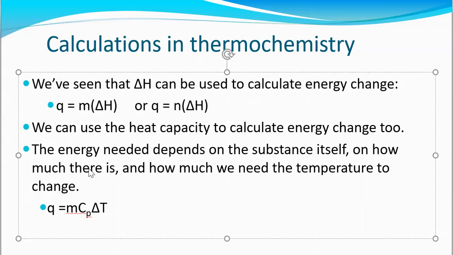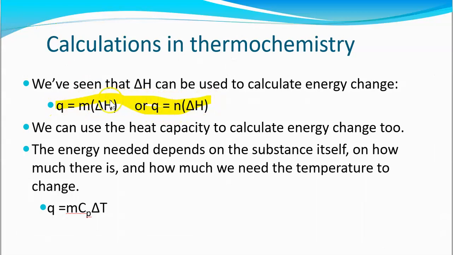And so these are really our two big equations. Q equals m delta H, or n delta H if I'm working in mass or moles, if I have the enthalpy given to me, or I have this one, what I like to call Q equals mCΔT, because m, C, and then this kind of looks like an A, the delta sign.